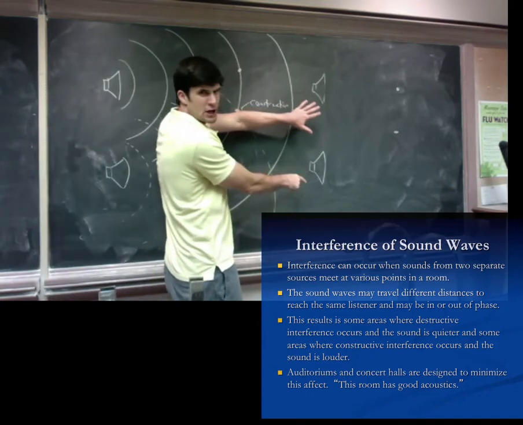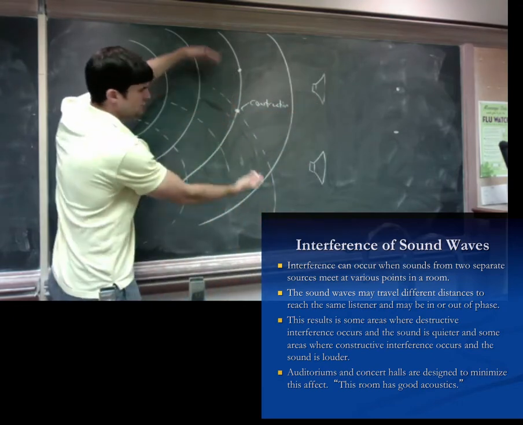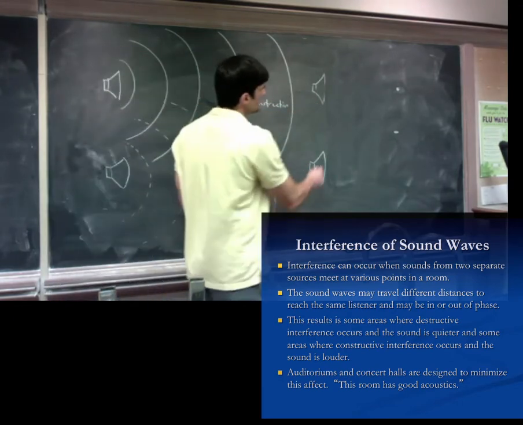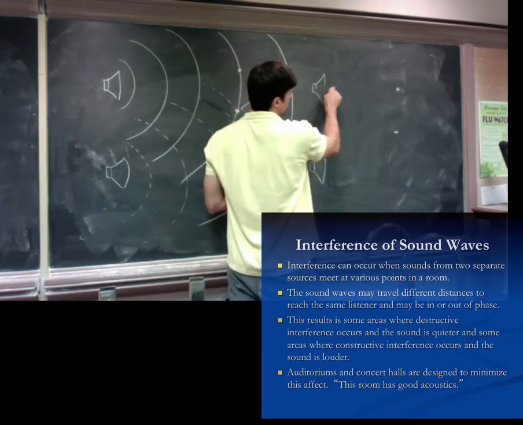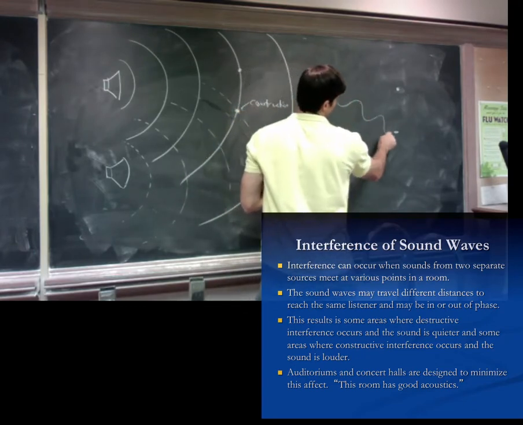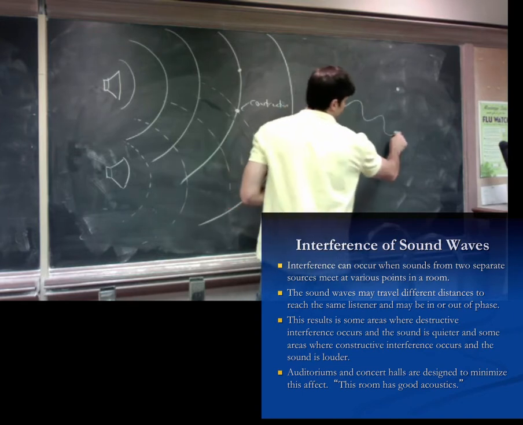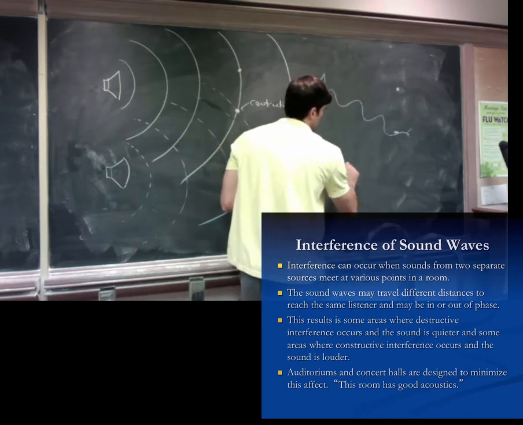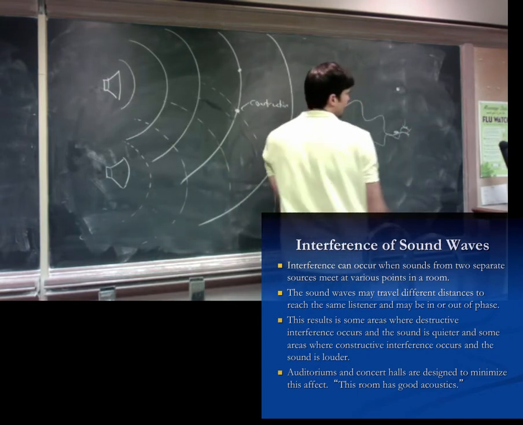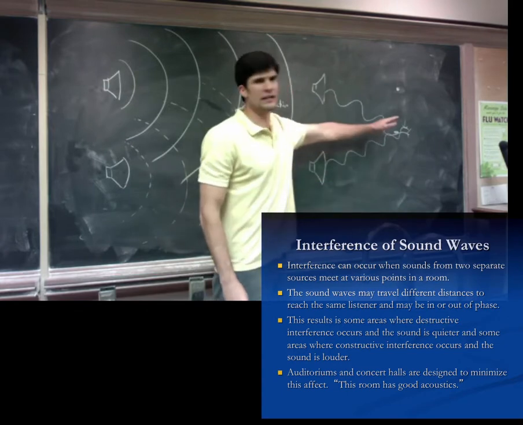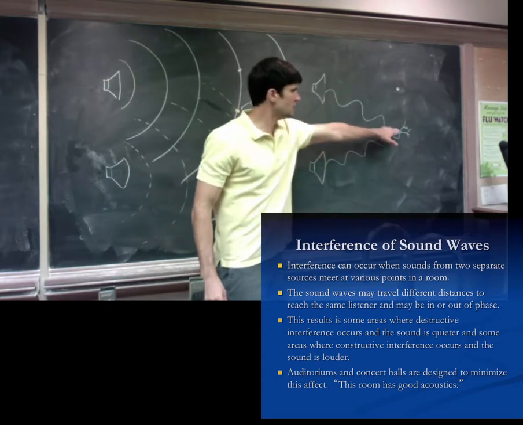I can draw that here. Here we're looking at all the waves spreading out to fill up the room. Here's that same point from the same two speakers. So here's just the wave traveling to that point, and it reaches this point, let's say, at a crest, and the wave from the other speaker also reaches as a crest. That's a pretty terrible drawing, but hopefully you get the idea.